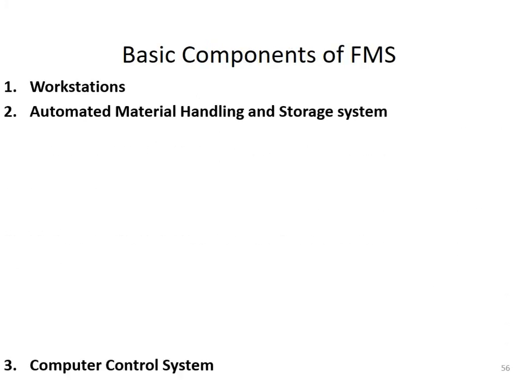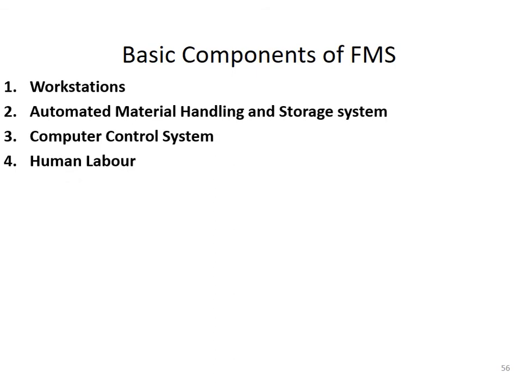So basically we have these four components of a flexible manufacturing system. One is the workstations, as you already saw. The workstations are where we have a number of machines equipped with the machinery and the requirements useful for doing the manufacturing process. Next, we have the automated material handling system and storage.